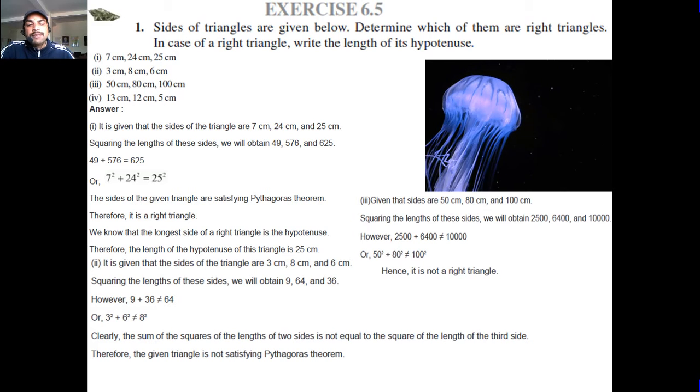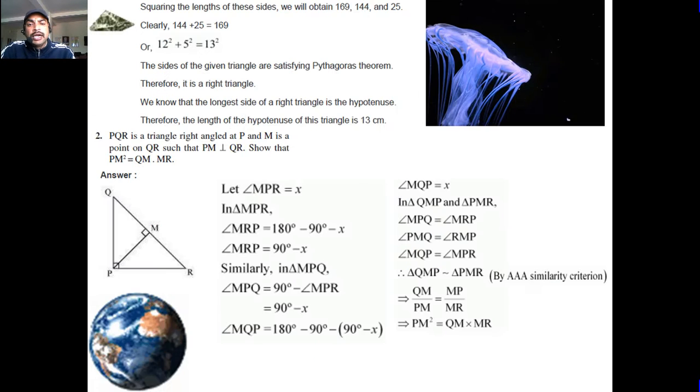Similarly, 3, 8, 6: 9 plus 36 is not equal to 64, does not satisfy the Pythagoras theorem, not a right triangle. Third, 50, 80, 100, and 2500, 6400 and 10,000. Here 2500 plus 6400 is not equal to 10,000. So 50 square plus 80 square is not equal to 100 square, does not satisfy the right angle triangle.